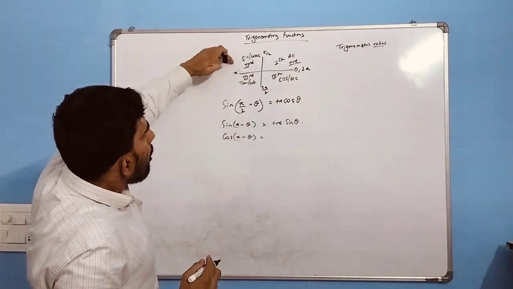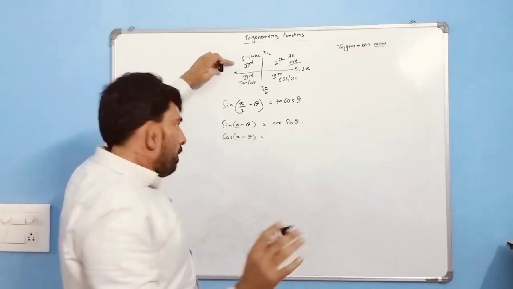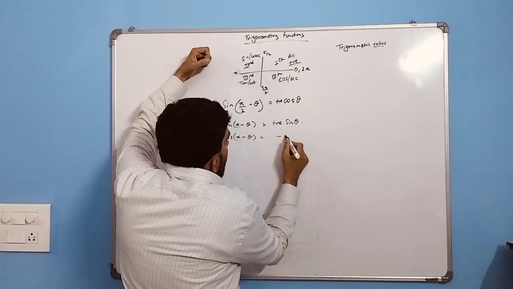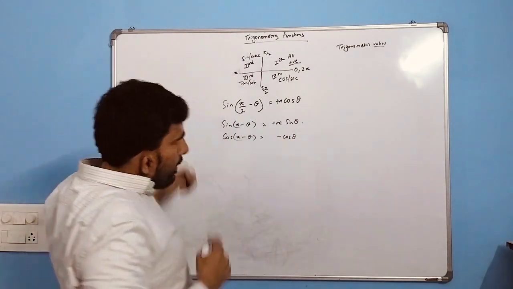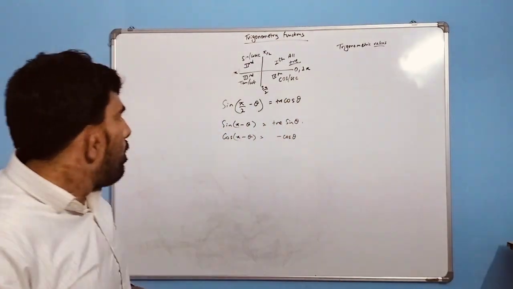Second quadrant, I am talking about. Here cos will be negative because only sine is positive. So it is minus cos theta.